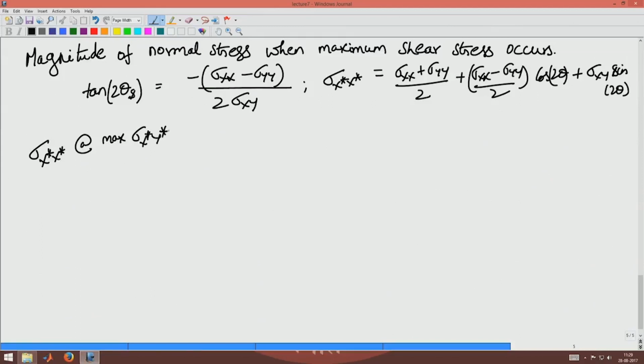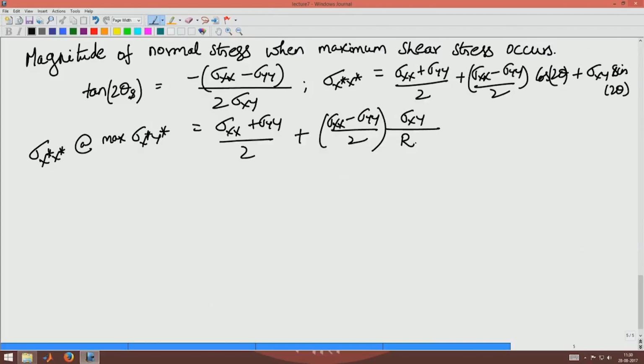then I will get sigma x star at max to be (sigma xx plus sigma yy) by 2 plus (sigma xx minus sigma yy) by 2 into sigma xy divided by r, where r is same as what I used before, plus sigma xy into (sigma xx minus sigma yy) by 2 into minus 1 divided by r.